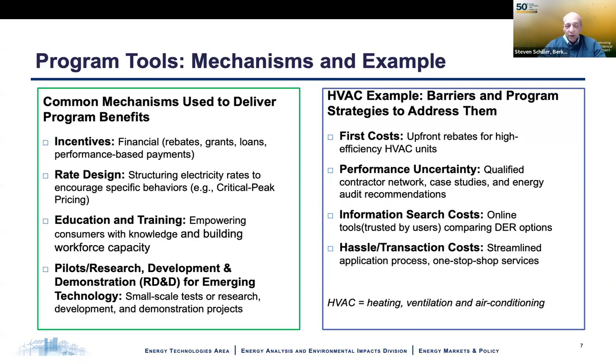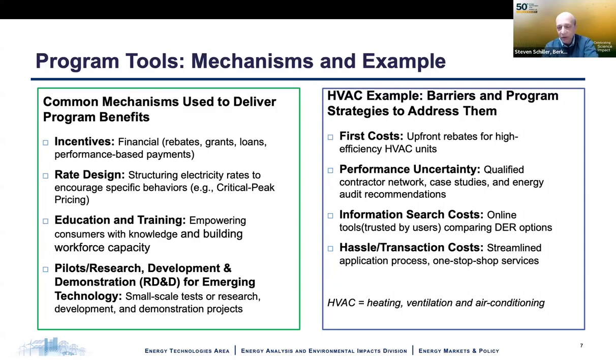Then education and training, and that can be for consumers or for contractors. Very common tools. There are programs such as building engineer certification trainings to educate them on how to work their buildings so that they perform from an energy point of view more efficiently and effectively. And then RD&D, pilots, research, for the emerging technologies to test out these strategies.